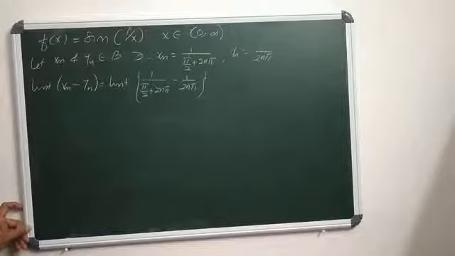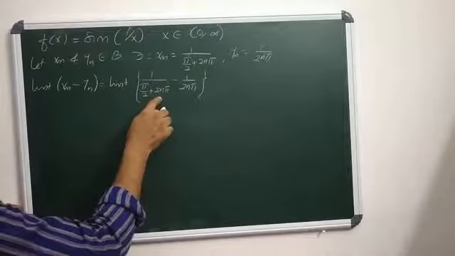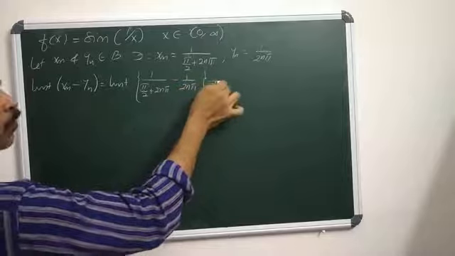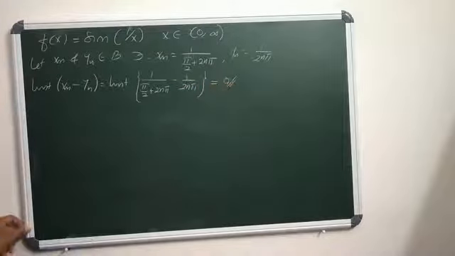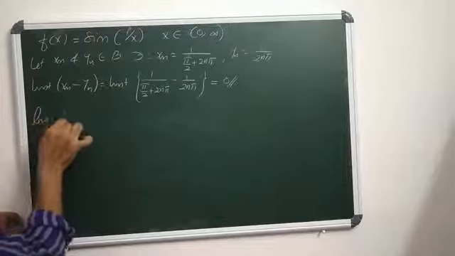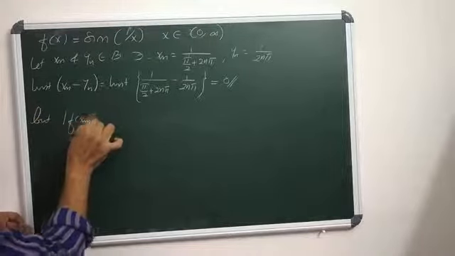So it equals the limit of 1 by (pi by 2 plus 2n pi) minus the limit of 1 by 2n pi, which is always 0. Clear? But what about modulus of f of xn minus f of yn?